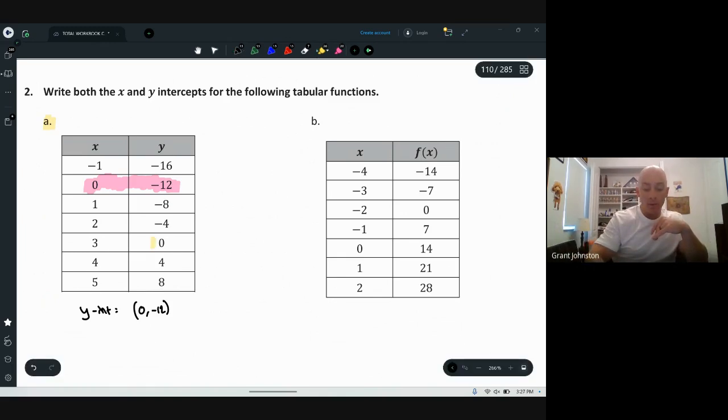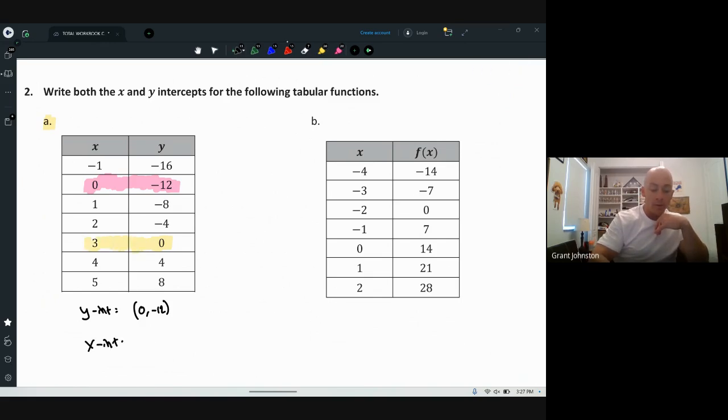And the y is 0 right here. So the x-intercept is at 3, 0. So that's how you can identify your x and your y intercepts from a table. So keep that in mind. Wherever the y-intercept is whenever x is 0, and the x-intercept is whenever y is 0.